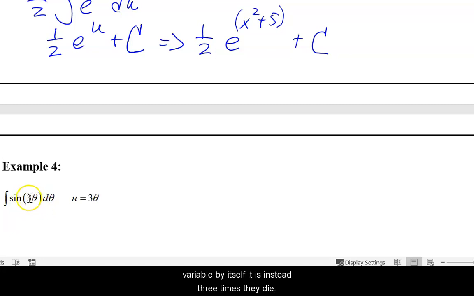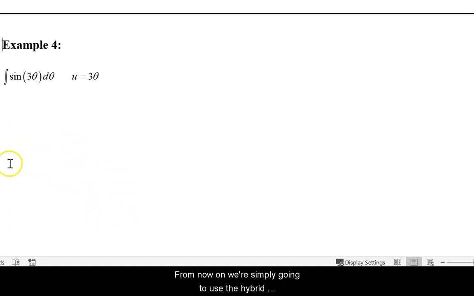It is instead 3 times theta. That makes the argument to the trig function, 3 theta, the best choice for u. From now on, we're simply going to use the hybrid method 2 to solve our problems. However, if you prefer method 1, solving for the differential, feel free to go ahead.